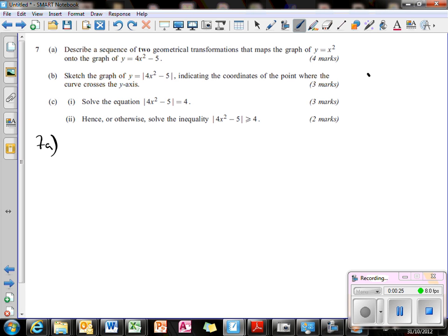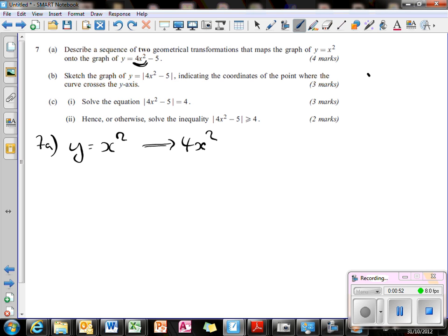So I'm just going to see what we need to do to get to 4x squared. I'm just going to worry about this bit first. So we started out with y equals x squared. Then we're looking at a transformation in the x direction, a stretch in the x direction. What do I have to do to get to 4x squared?